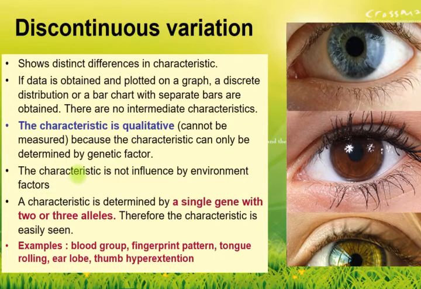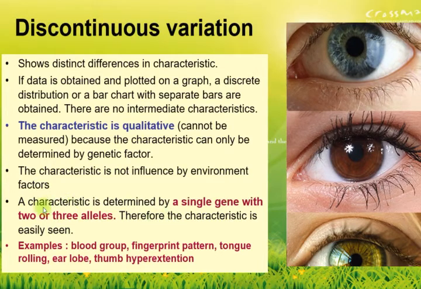For discontinuous variation, since it is qualitative, it cannot be measured, and the characteristic is shown only by genetic factors. A characteristic is determined by a single gene with 2 or 3 alleles.